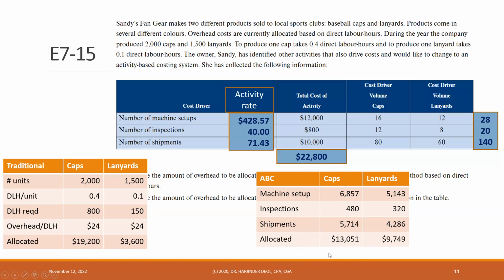Moving to activity-based costing will give us a more precise sense of what it truly costs this company to make the caps and the lanyards. And assuming that the company's selling prices are a reflection of its product costs, then the company should be able to better price its products relative to competition than it is able to do currently.